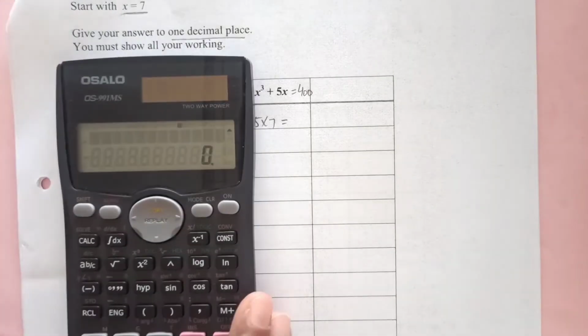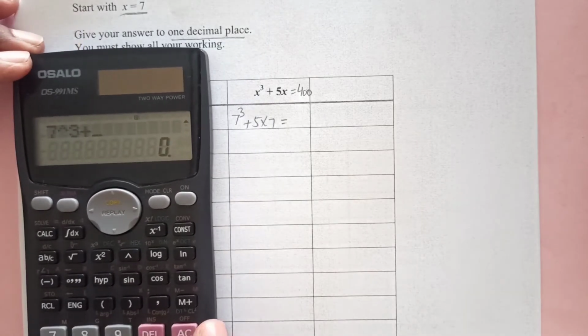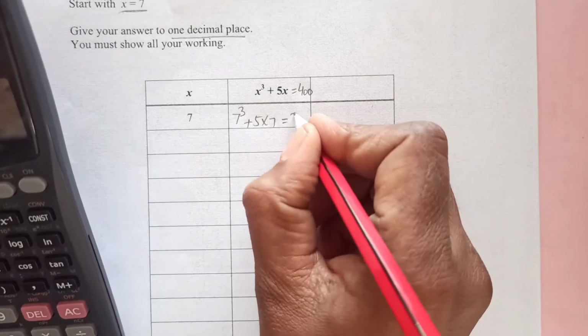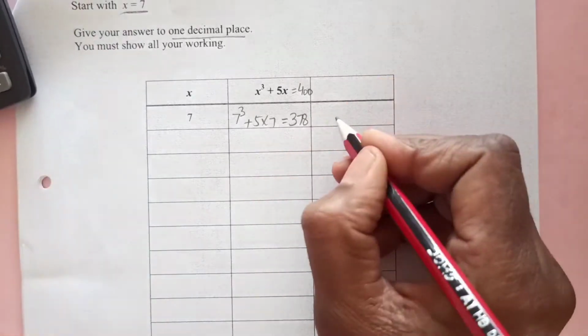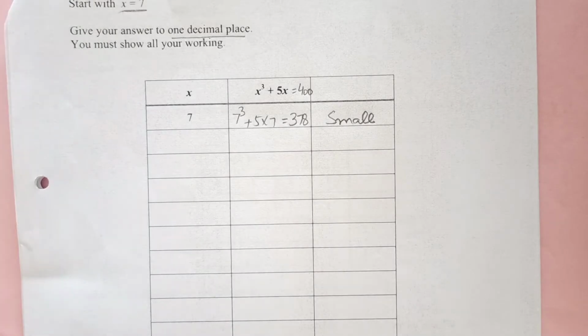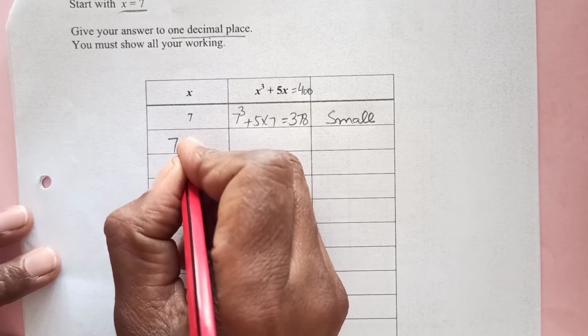Wait, I think I did something wrong. 7 power 3 plus 35. Yeah, 378, which is small. We can't say it's too small unless we get another value.